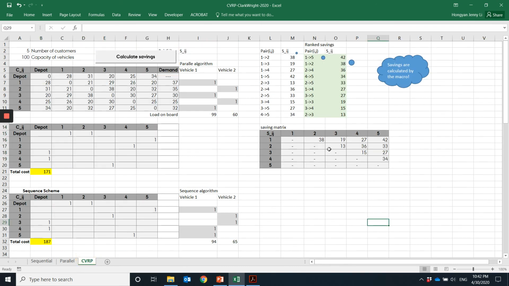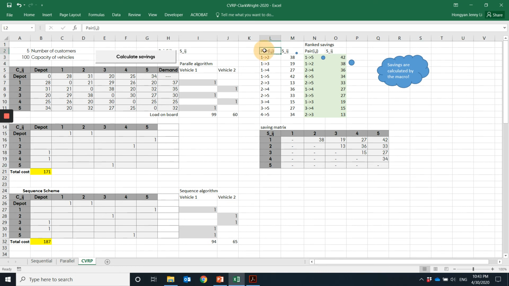Now in this third worksheet, I put these calculations for cost saving into a macro. We write a short VBA code to calculate the savings.